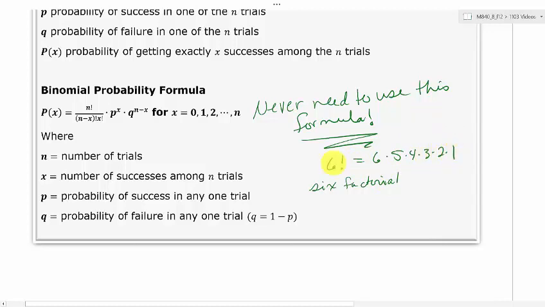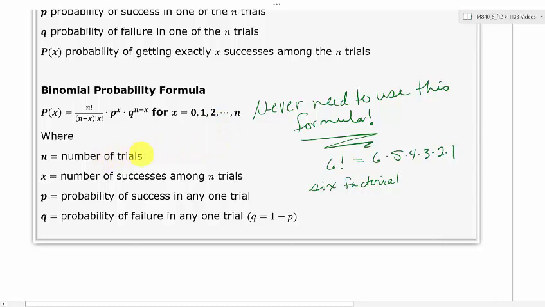So you multiply this number times each number down from it down to 1 is how you do a factorial calculation. So 5 factorial would be 5 times 4 times 3 times 2 times 1. So the numerator is n factorial divided by n minus x factorial times x factorial, times p raised to the x times q raised to the n minus x.